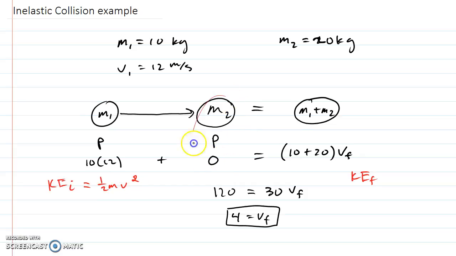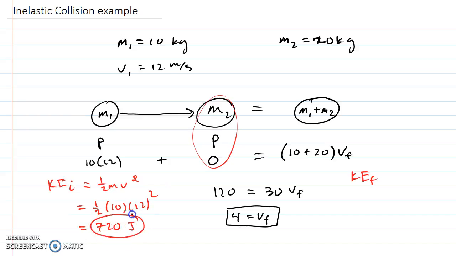This piece, m2, does not have any kinetic energy because it's not moving. So we'll do 1/2 times this many kilograms times 12 squared. And when I crunch that all, this asteroid has 720 joules.